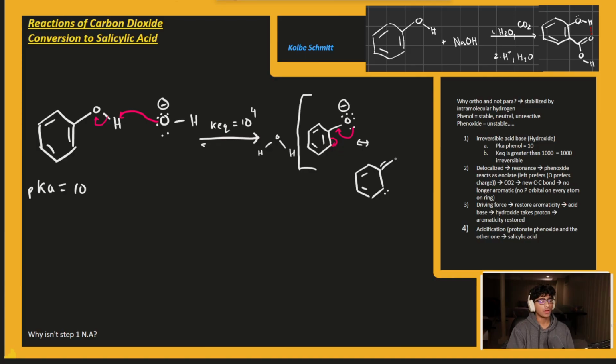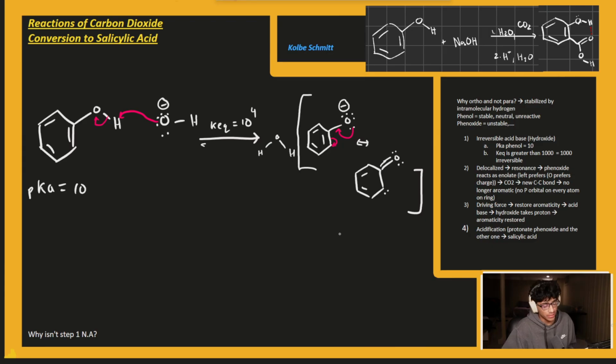This molecule is no longer aromatic because each atom does not have a p orbital. Right here, honestly, I don't know what it is. I'm not gonna say wrong information. I don't know what it is, but the molecule is not aromatic.